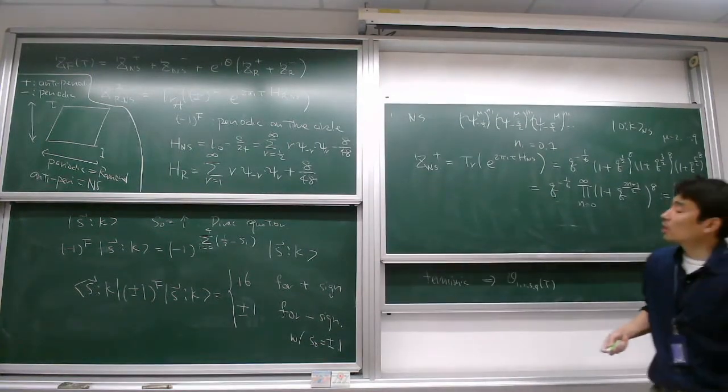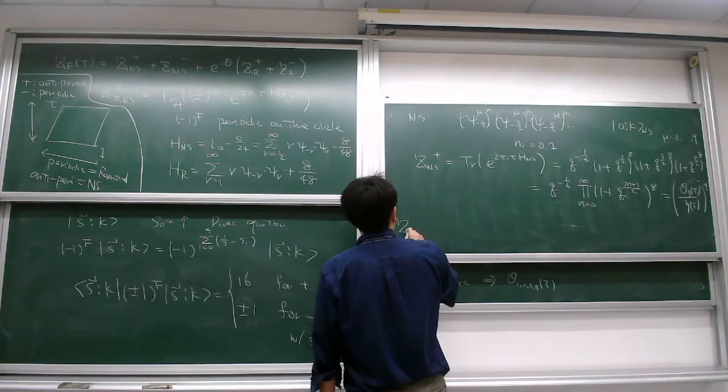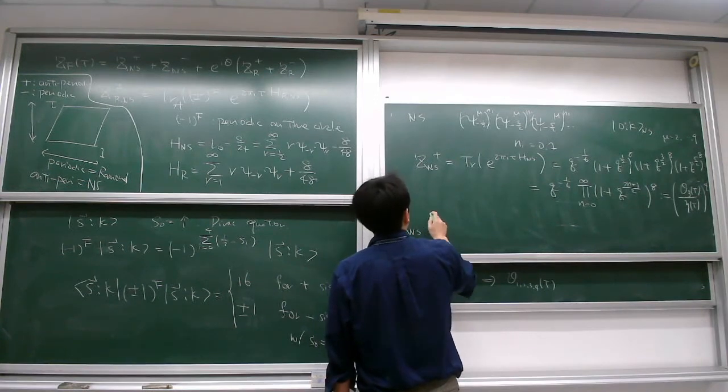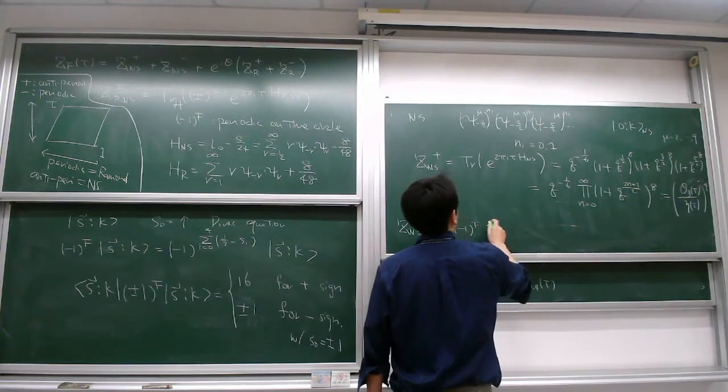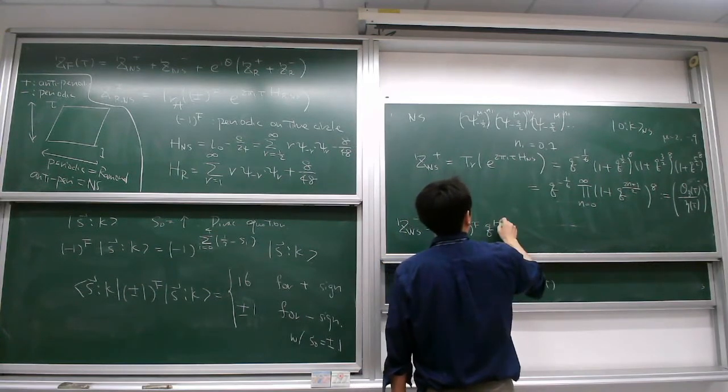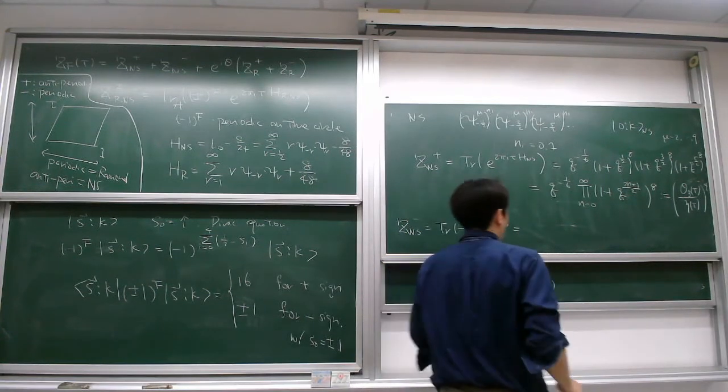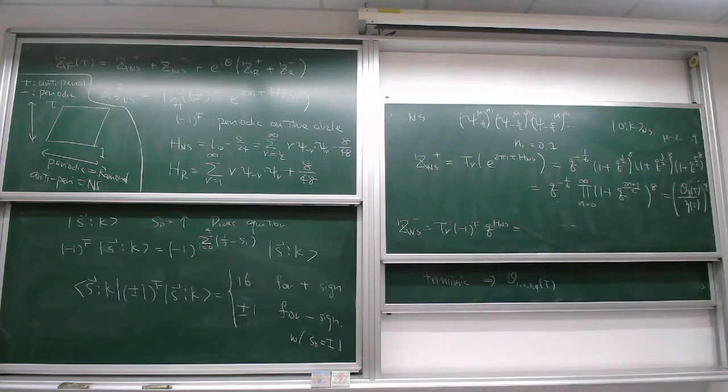And do the same exercise for NS, but with a minus 1 to the F insertion: minus 1 to the F, q to the H in NS.